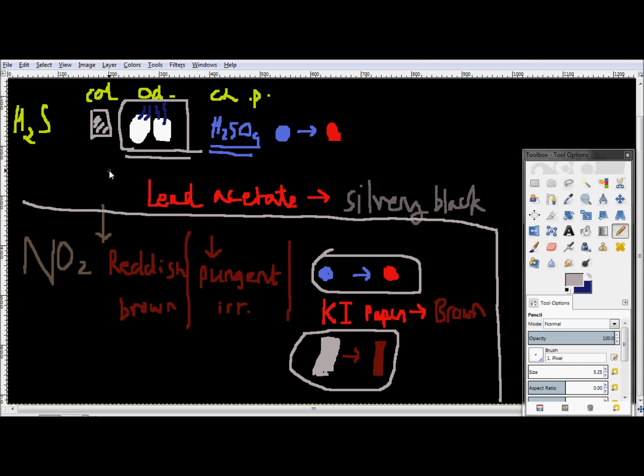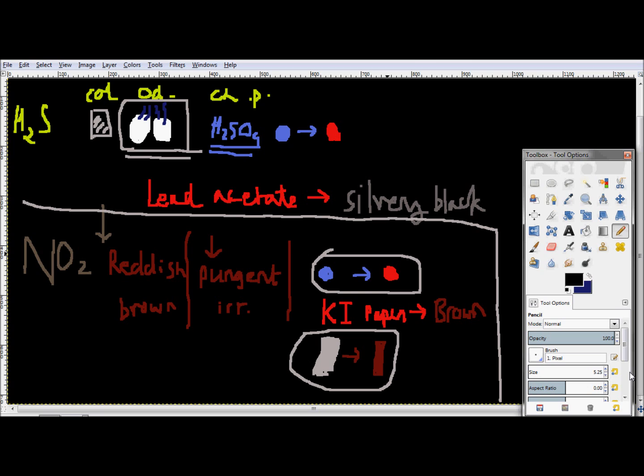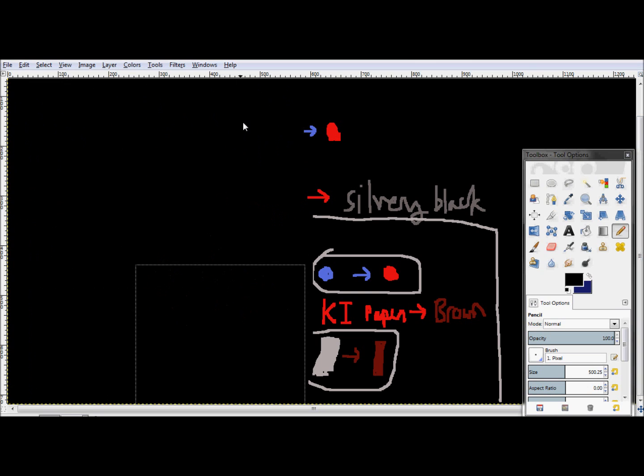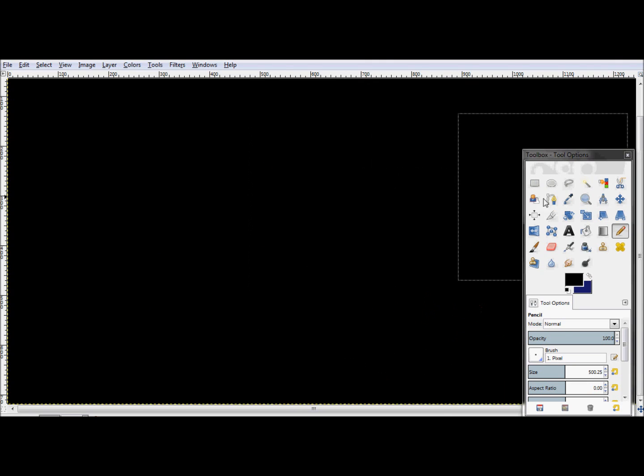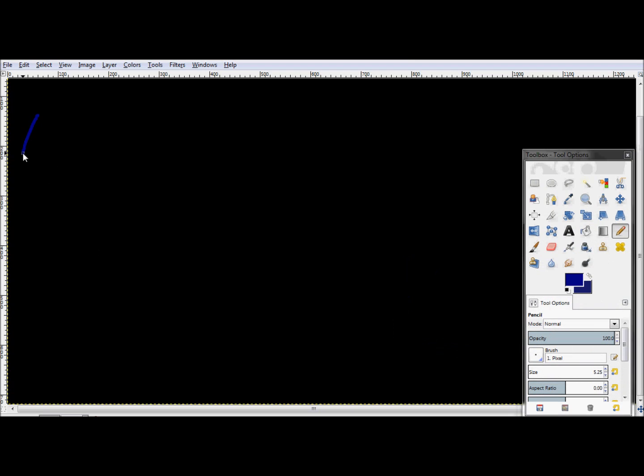Now I'm going to go on to the last gas, which is the only basic gas that you'll be doing, and that is of course ammonia. Now ammonia, I am going to do with, I don't know, blue maybe, NH3.